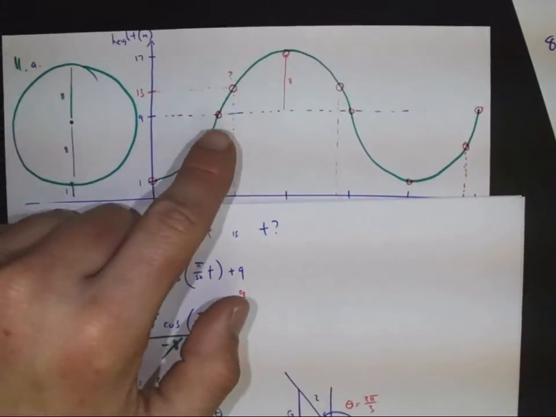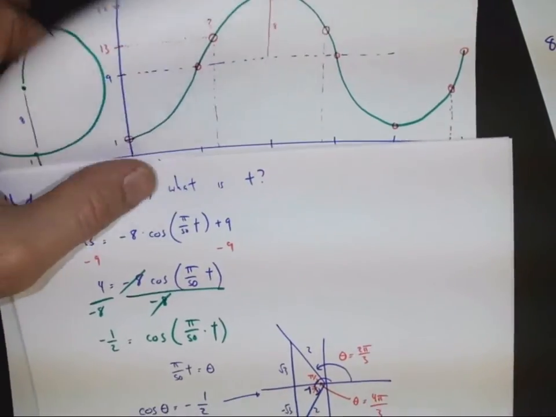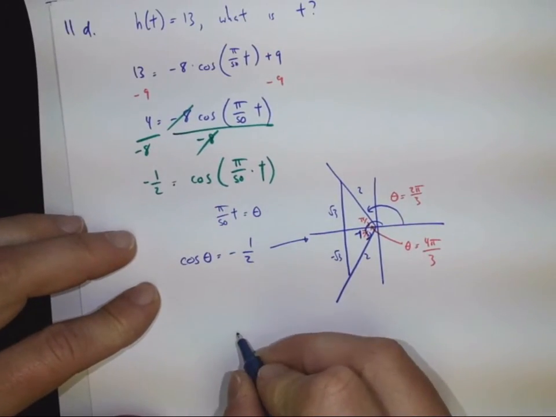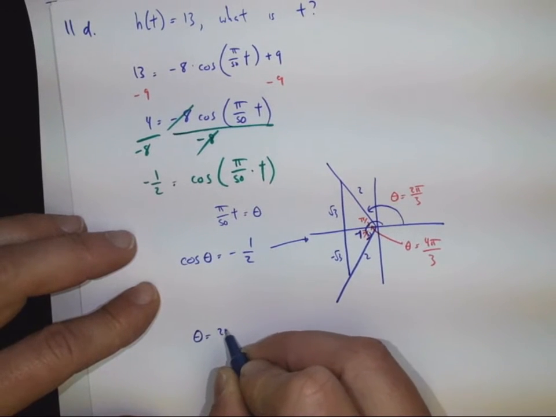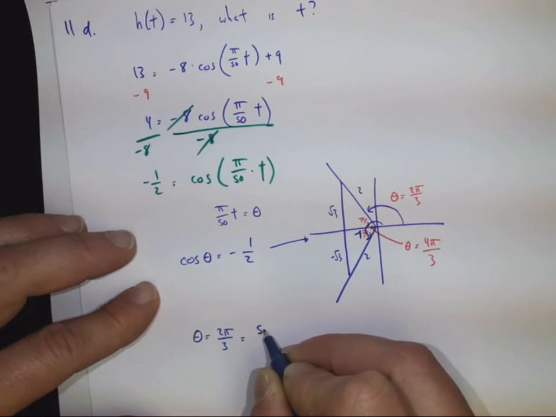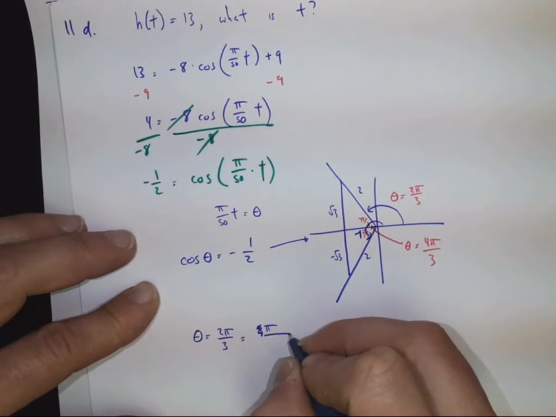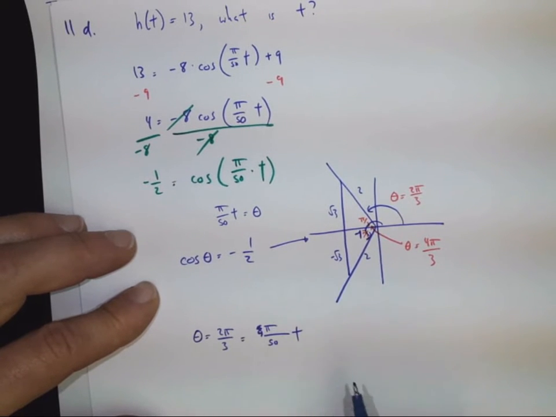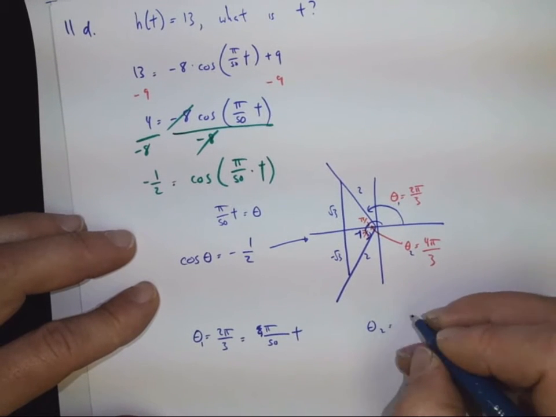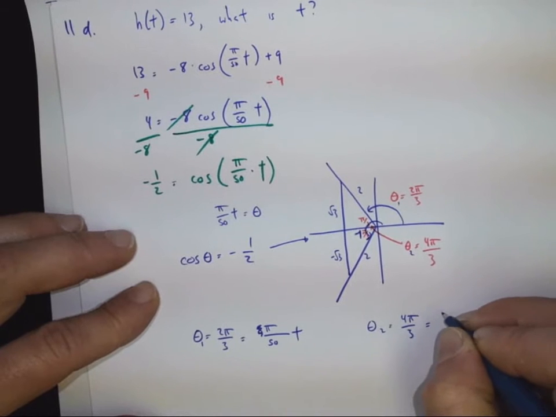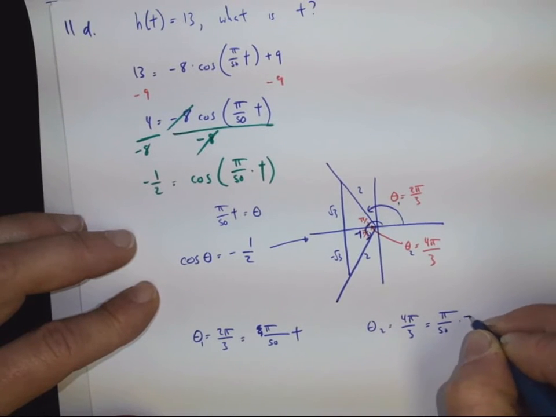In here and here, that means our 2 times are going to correspond to those angles. So we know that theta 1 equals 2/3 of pi, which is equal to pi over 50 t, and we're going to solve for t. And theta 2 is equal to 4 pi over 3, which is equal to pi over 50 times t.